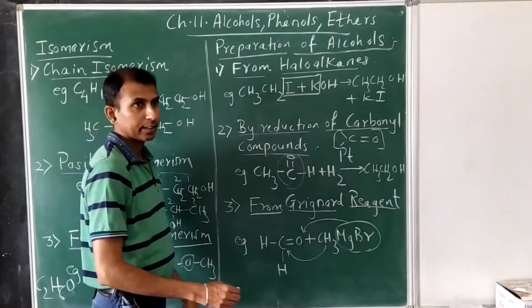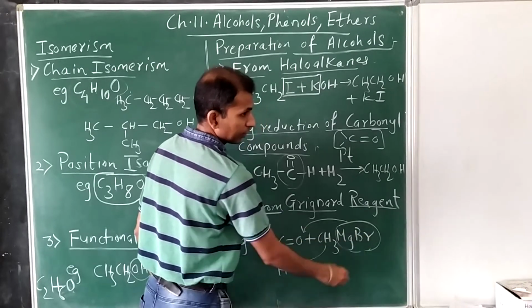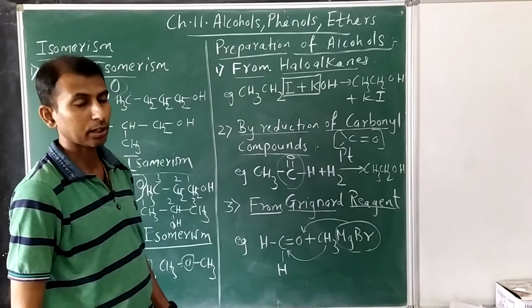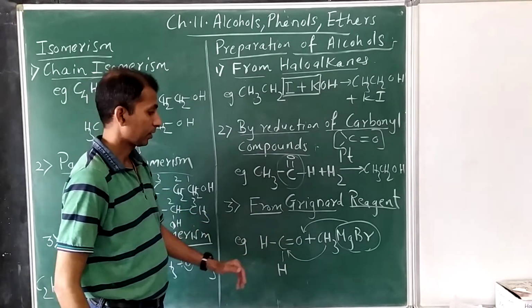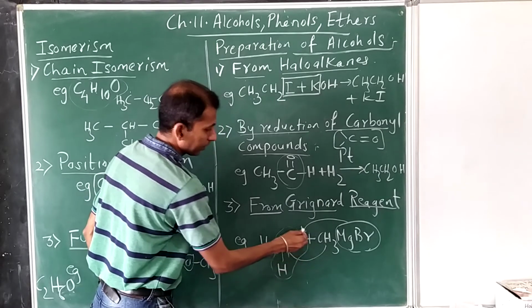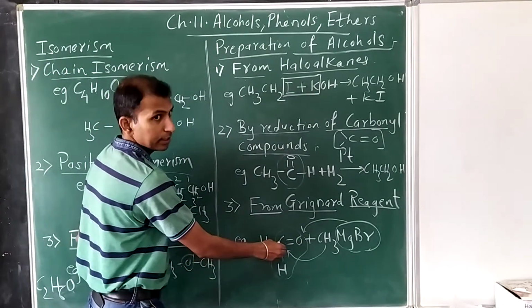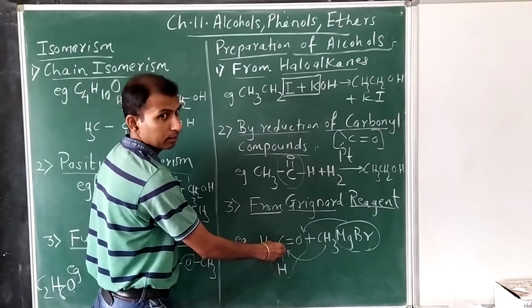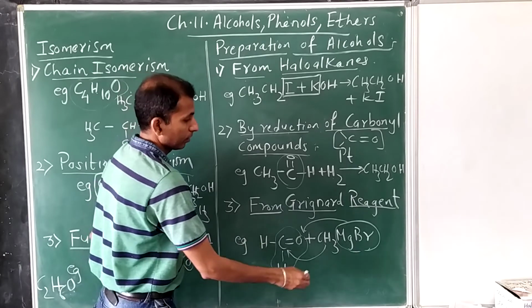Grignard reagents are nothing but alkyl magnesium halides. So we take our carbonyl compound here. This is also an aldehyde, as you can see the CHO group here. It is an aldehydic compound, and the name of this compound is methanal.